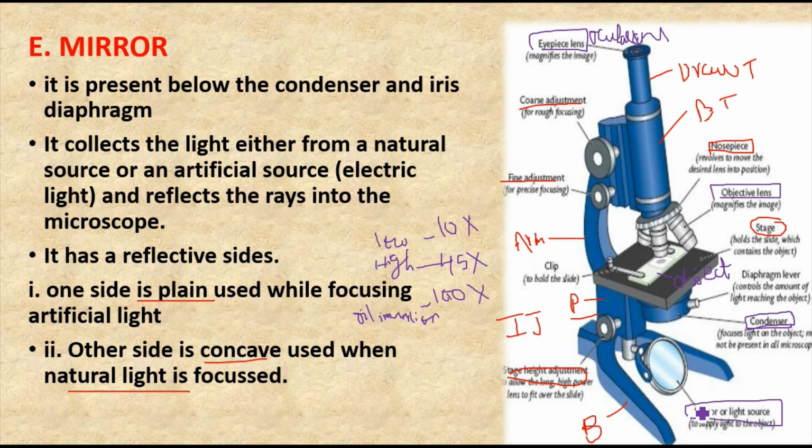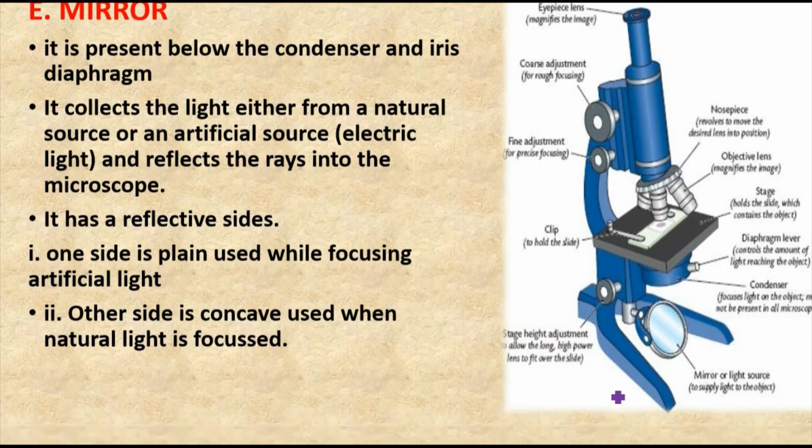That can be either artificial light or natural light. This mirror has two reflective sides. One side is plane, the other side is concave. So that's why we can call this mirror a plano concave mirror. So this is all about the whole structure of a light microscope or a basic compound microscope.